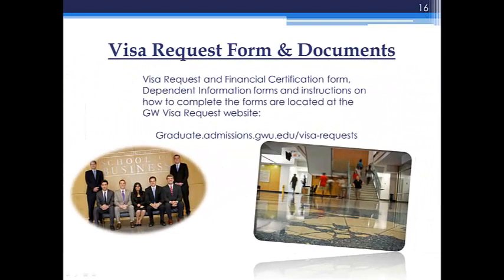For the visa request form, dependent forms, and instructions on how to complete the forms, please visit the graduate admissions website at graduate.admission.gwu/visa-requests.